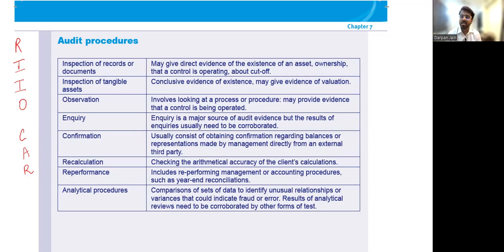It's called external confirmation. Another area in which external confirmations are used is trade receivables. In the balance sheet, there will be one amount written as trade receivables, but that will consist of multiple debtors, right? Multiple receivables.